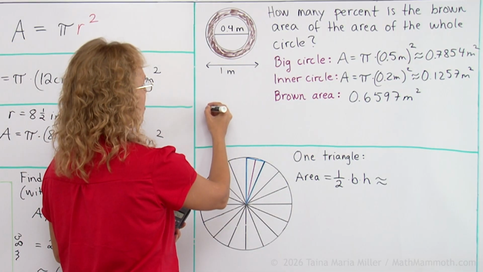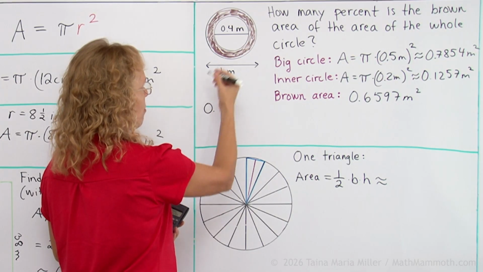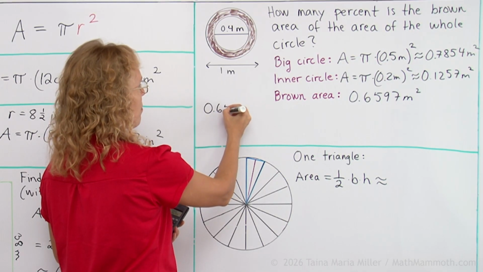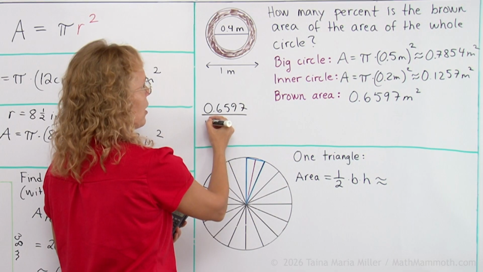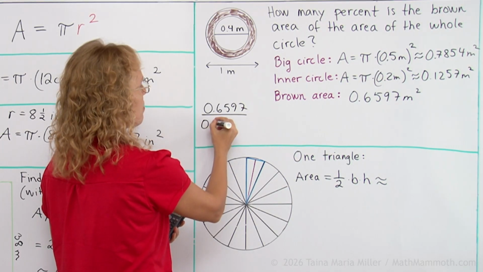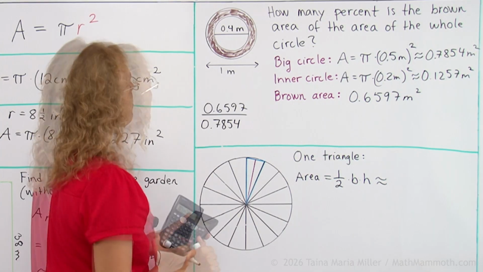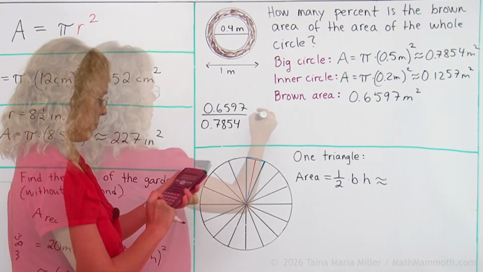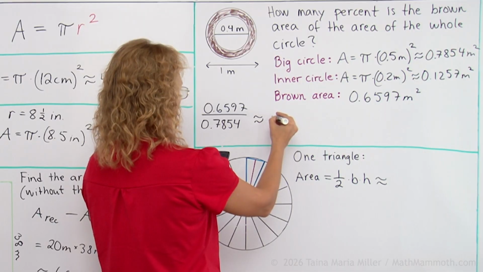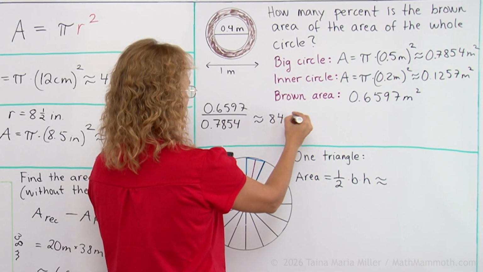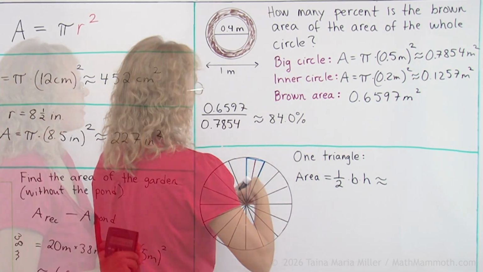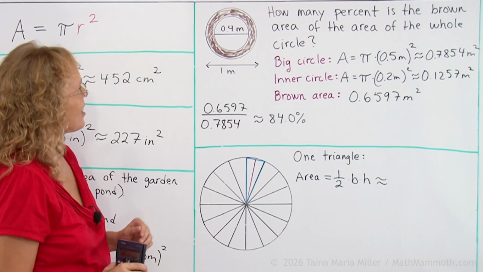So the fraction is simply the brown area divided by the whole circle's area. This divided by the area of the whole circle. Like that. And so we will get about 84.0%.